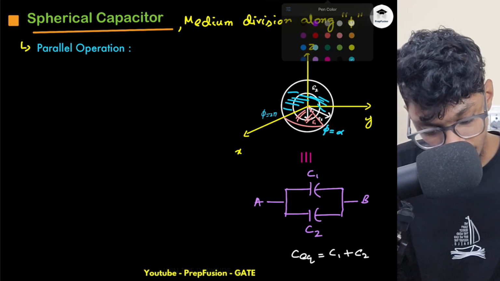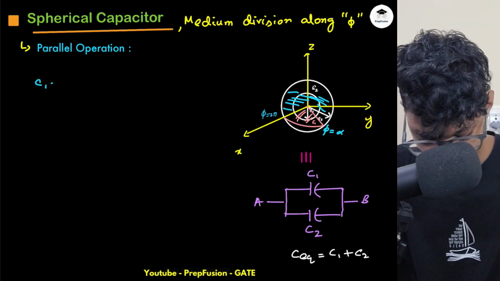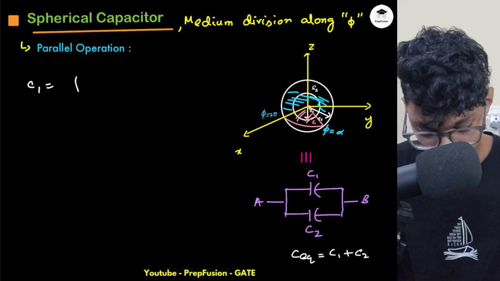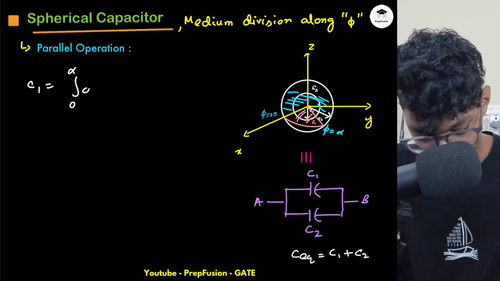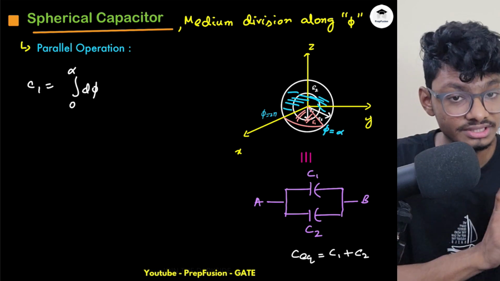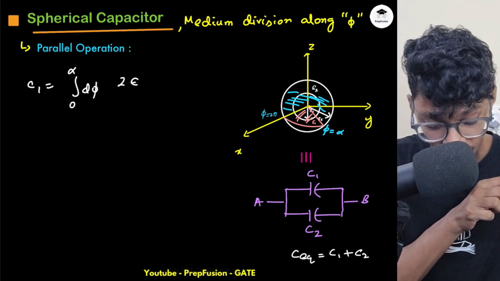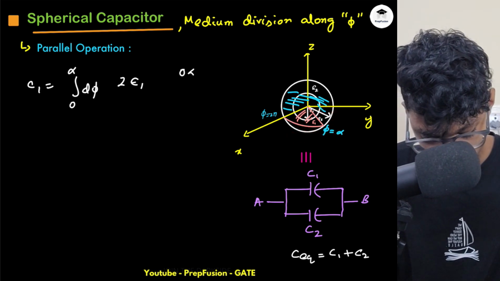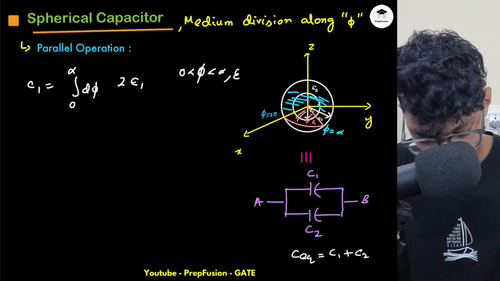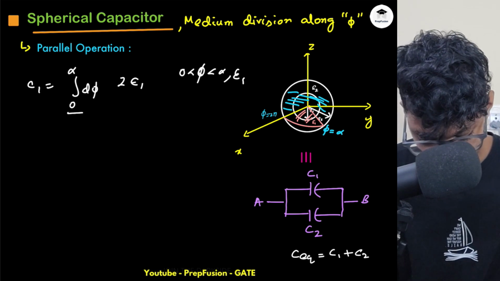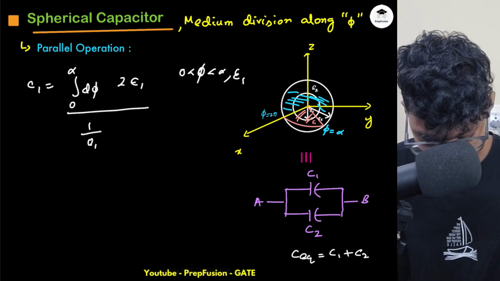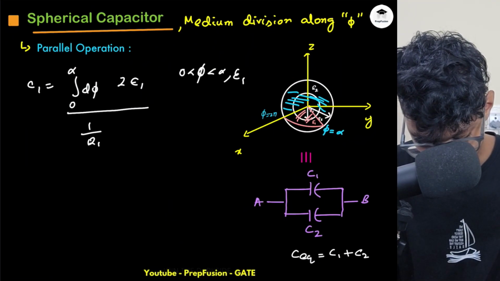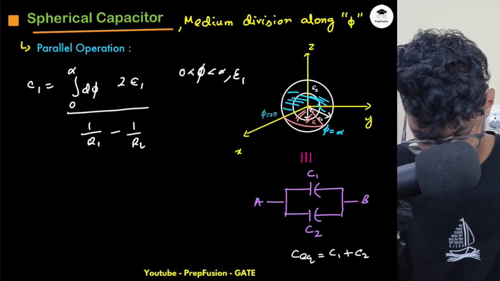So now I will simply integrate with respect to d phi. My C1 was equal to the integration from 0 to alpha of d phi, times 2, times epsilon 1, because from 0 to alpha my epsilon is epsilon 1, divided by 1 by r1 minus 1 by r2.